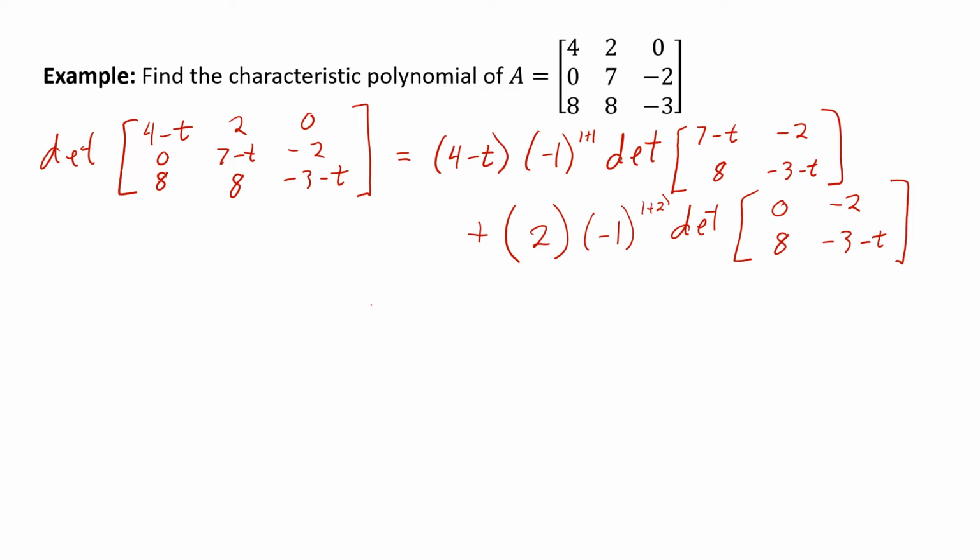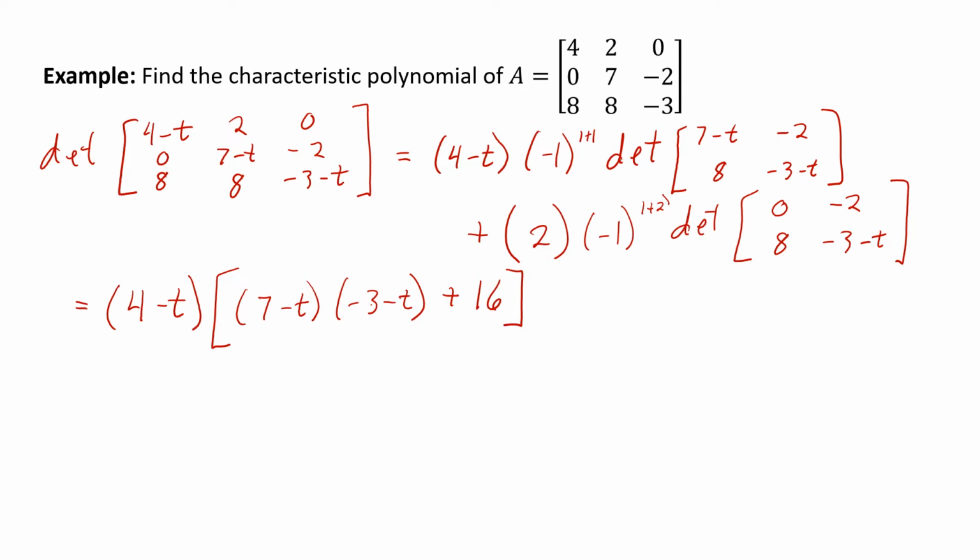So now we take this and we simplify it. This is 4 minus t times negative 1 to the 2, which is just 1, times the determinant of that: 7 minus t times negative 3 minus t plus 16.